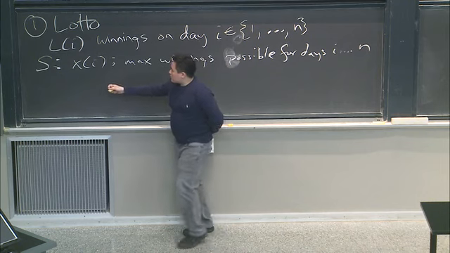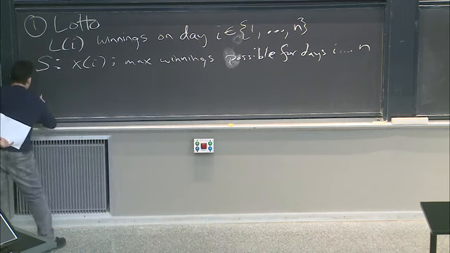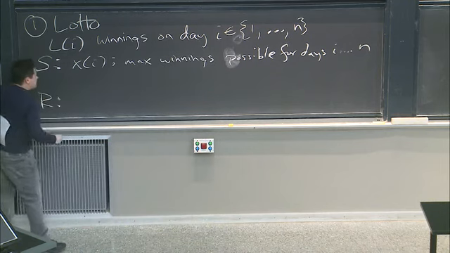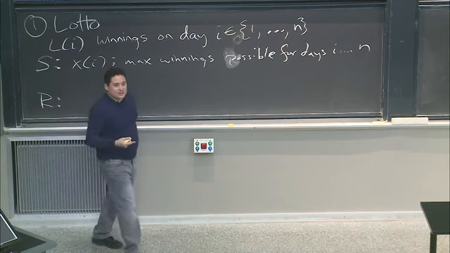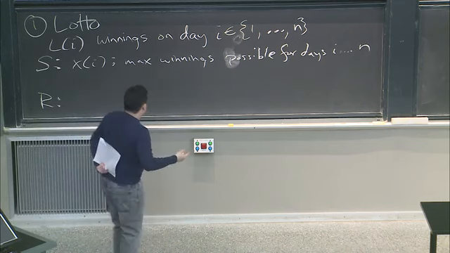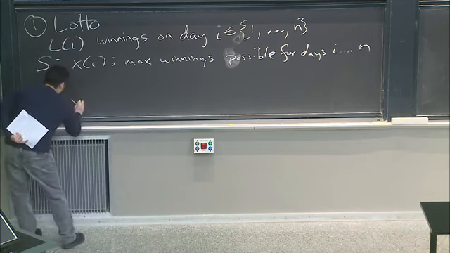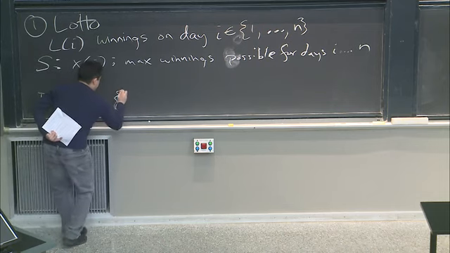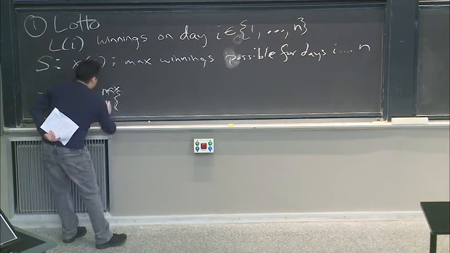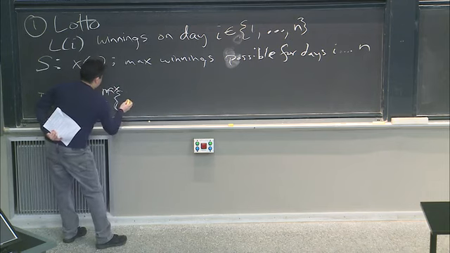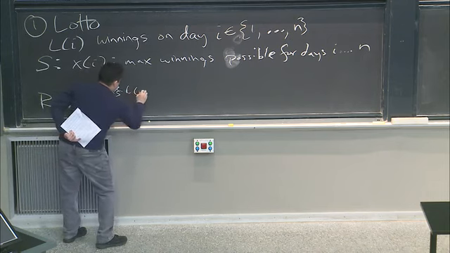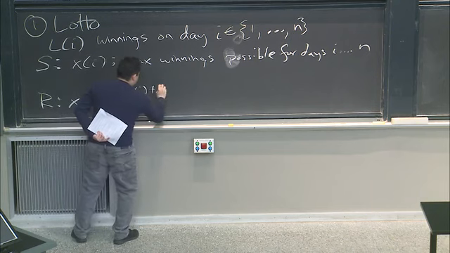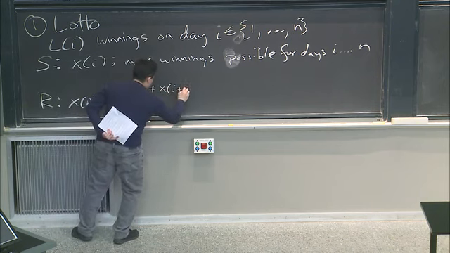In my relate step, what are my choices? I can either play on day i, or I can not play on day i, right? I'm trying to maximize this thing. Either if I play on day i I get Li, and then I can recurse on the remainder.